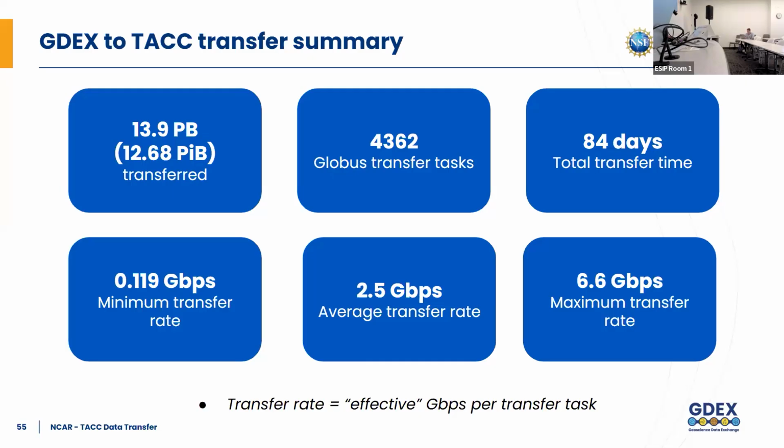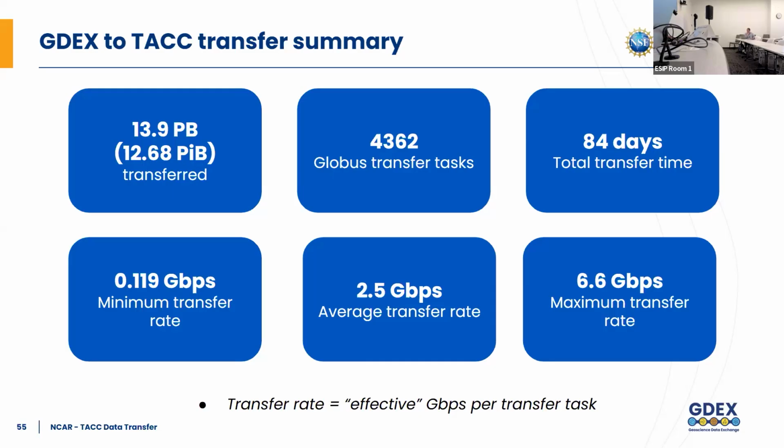Average transfer rate per Globus transfer was 2.5 gigabits per second. That transfer rate is the effective transfer rate that Globus calculates for each transfer. That includes all the overhead, not only just to move the data, but also the end-to-end overhead.